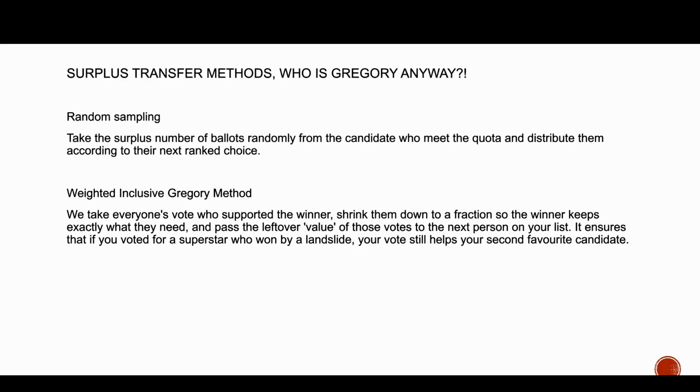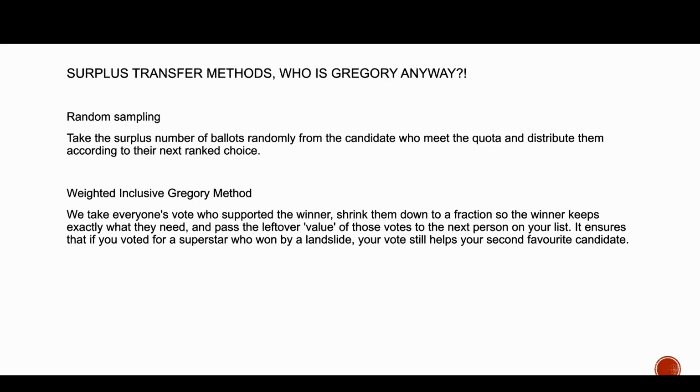With computers, it's much easier to actually proportionally distribute those. So just a very simplistic view of the weighted inclusive Gregory method, because I tried explaining it earlier and my own eyes glazed over, and I don't want that to happen to you.